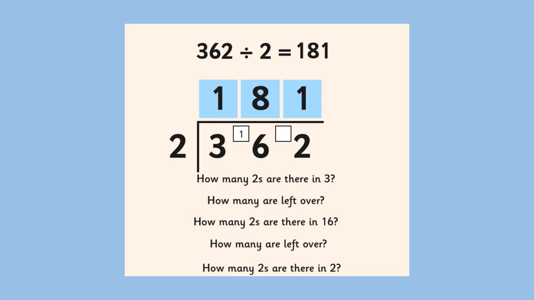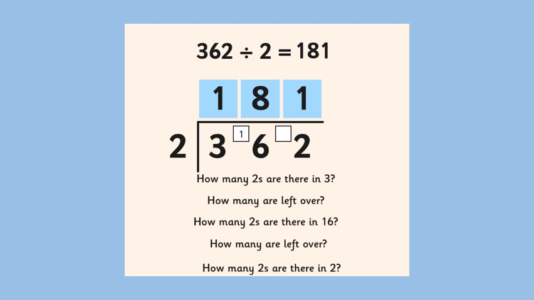And now the next step is to work out how many groups of 2 there are in 16. And we know 8 times 2 equals 16. And so you see the 8 right above the 6. 8 times 2 is 16, and there's no leftovers, so there's no numbers inside the box.